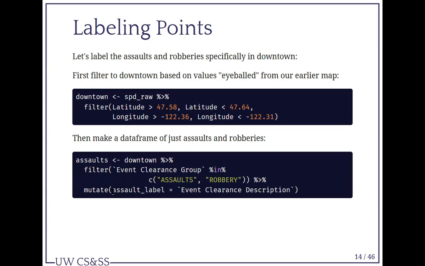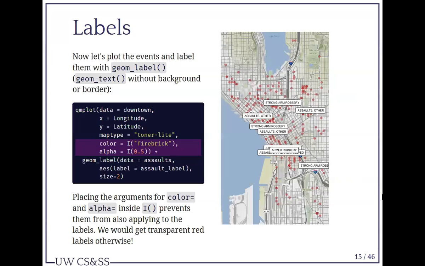And then create a new column that's just the description of things that were in this category. Now let's plot the events and label them with geom label. This is just geom text without a background or border. So here we see that we can label all of our points and see very specifically where each of these incidents occurred.